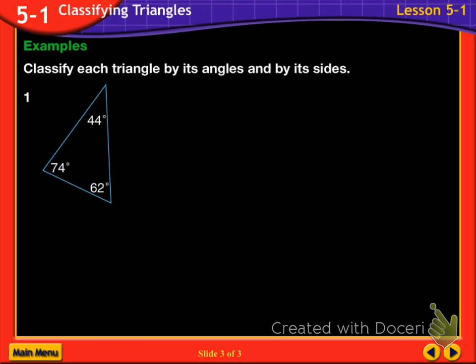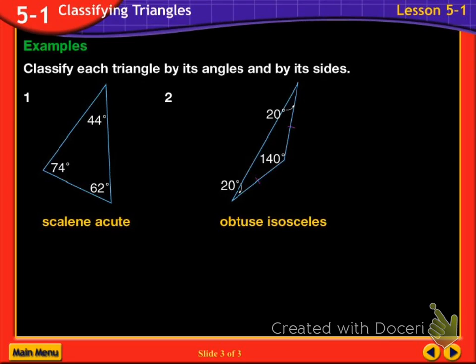All right, so let's look at now classifying triangles by angles and by sides. So if we look at number 1, we see three angles. All of them are less than 90 degrees, and none of the sides appear to be the same. For number 2, we have 1 obtuse.